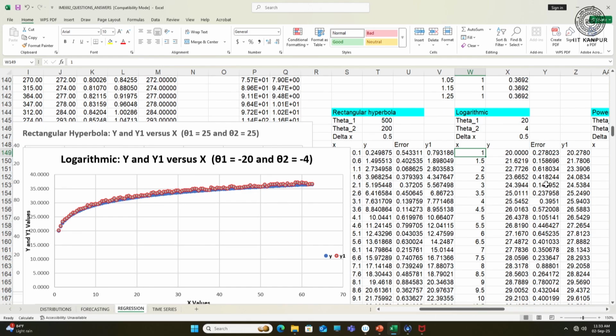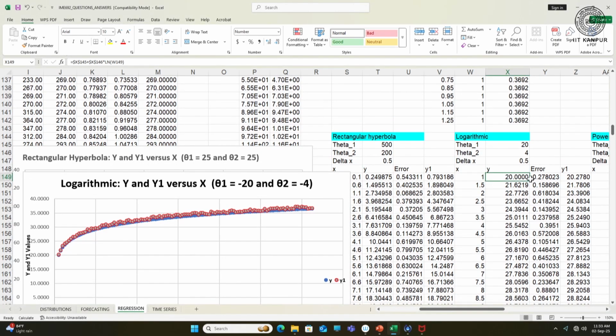Obviously you can change it, as I said, to have a much better viewpoint of how the best fit line, the error terms and the values of y1, which is the actual data being simulated, look. Based on the equation which I have with logarithmic 1, I have the y values, which is theta 1 plus theta 2 into ln of x.